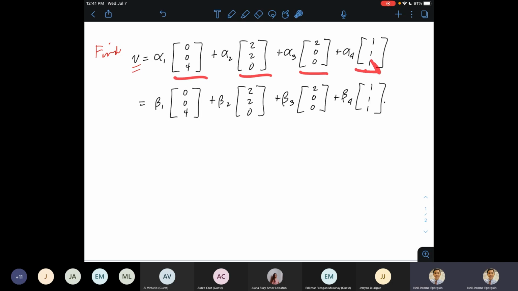So let's see. We're looking for which of the four elements can be written as a linear combination of the remaining three. Is there one?